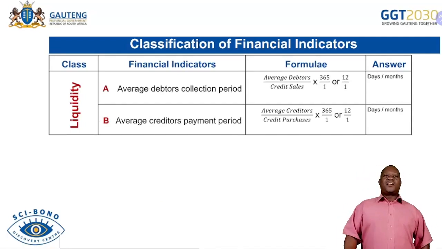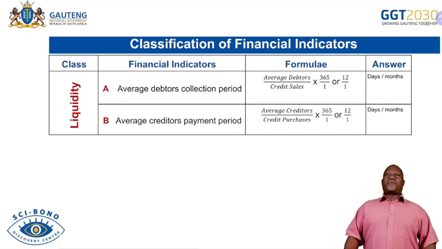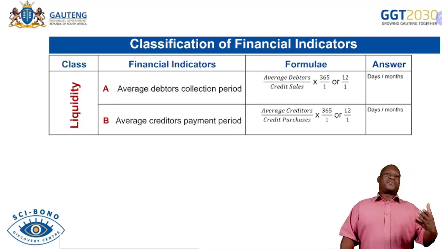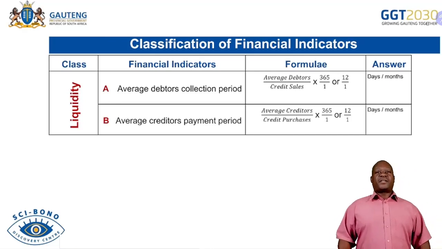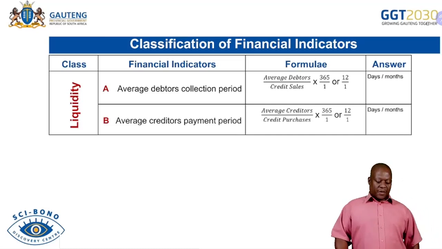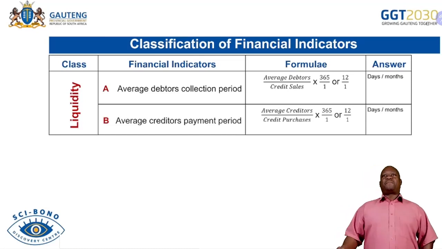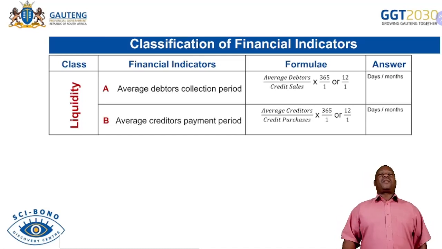Now, let's move on to the next set. So you can see we are bringing them in sets of 2 here. We had the first 2, current ratio and acid test ratio. The second 2, stock turnover rate and the stock holding period. Now we have got this set. Average debtors collection period as well as the average creditors payment period. Now, debtors collection period.